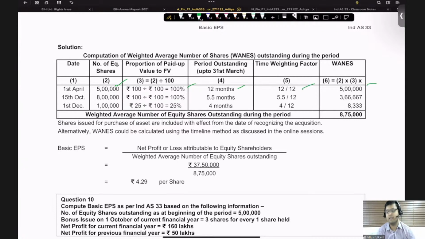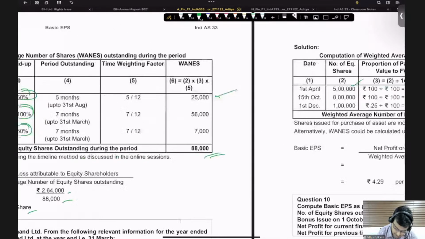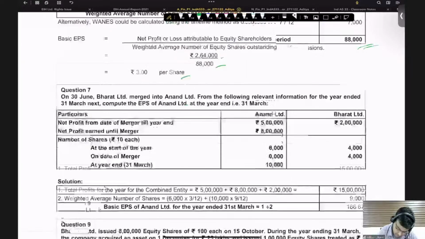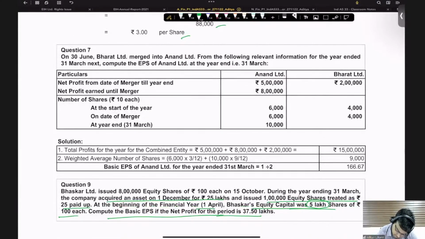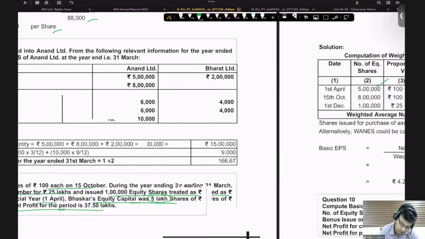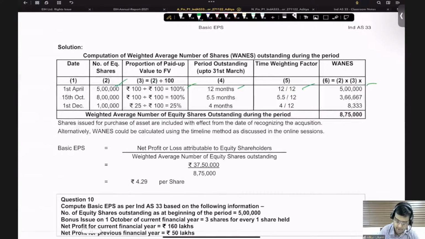So 12 by 12, that comes to 5 lakhs. The next issue that we are having is 8 lakh equity shares of 100 each on 15th October. So 8 lakhs, 100 each, 15th October. So November, December, January, February, March, 5.5 months.